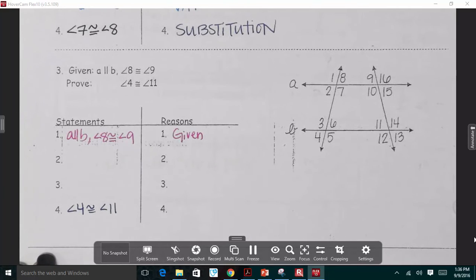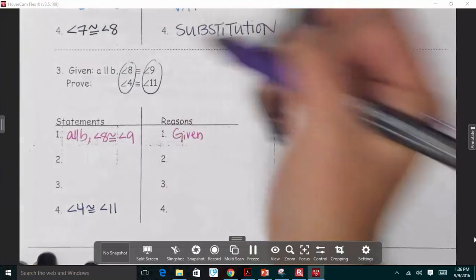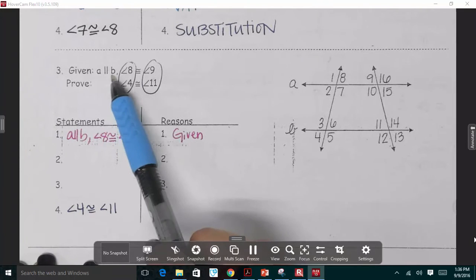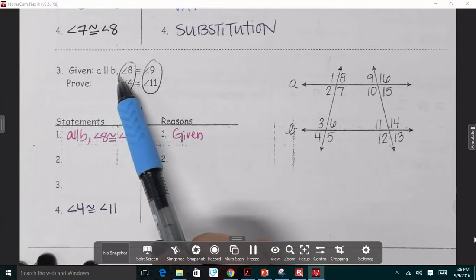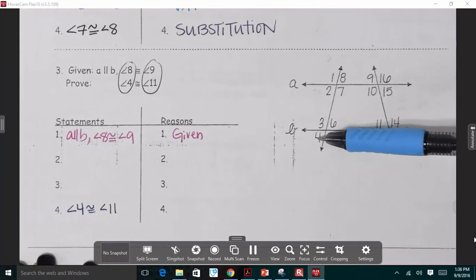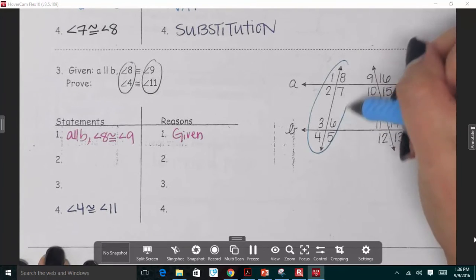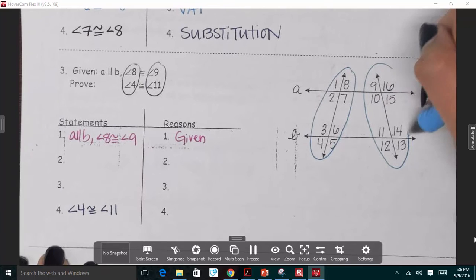Okay, so we're looking at 8 and 4, 9 and 11. Can you tell me which one of those are my transversals? 4 and 11. Okay, we don't have numbers as our transversals. Which of the lines are our transversals? A and an L. Okay, so it tells me that A and B are parallel. Are our parallel lines our transversals? No, so it's not A and B, it's the other 2 lines. So this would be a transversal, and this would be a transversal.